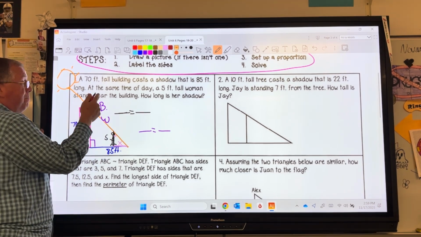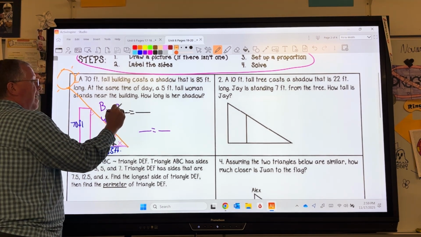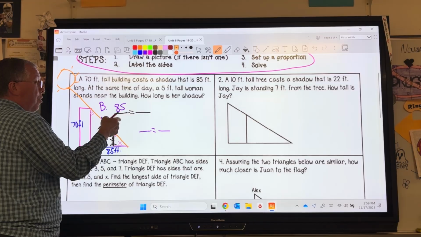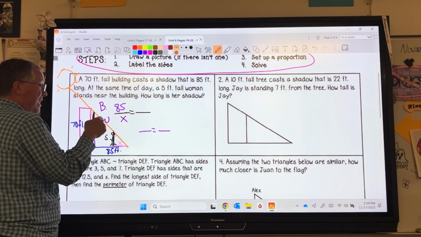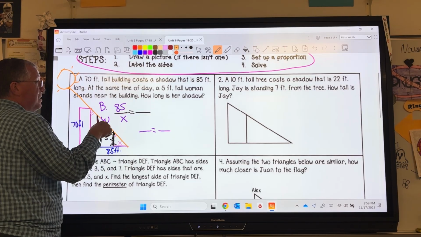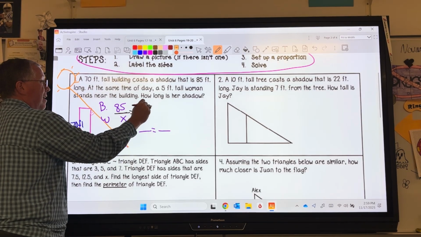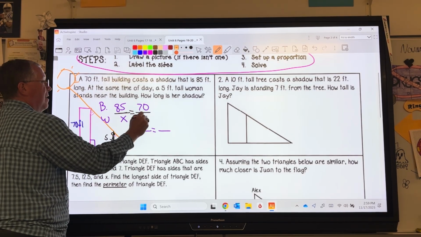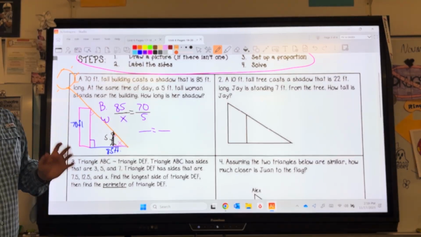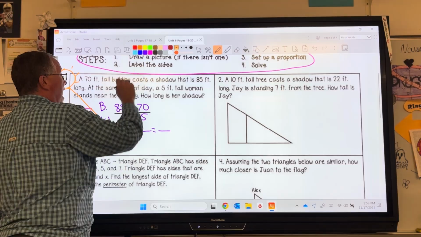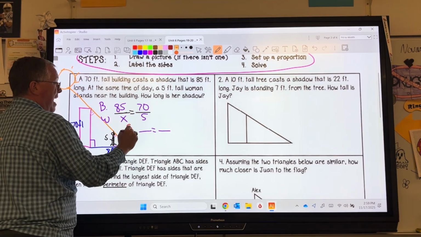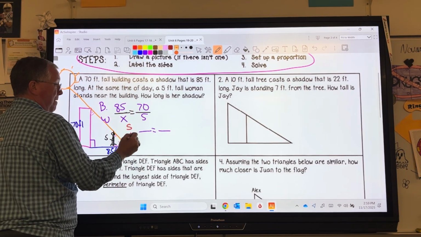So I'm going to go building shadow, 85. Woman shadow, I don't know. Building shadow, building's height, 70. Woman's height, 5. Now you could have done it differently. For example, I could have decided that I want to put shadows on top and heights on bottom.